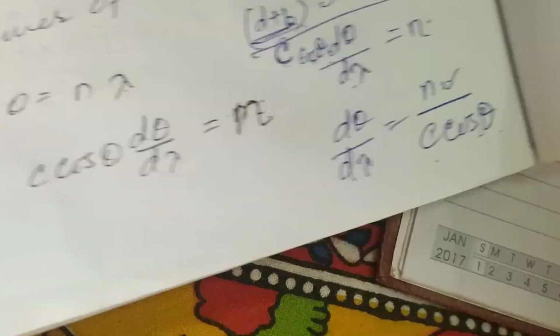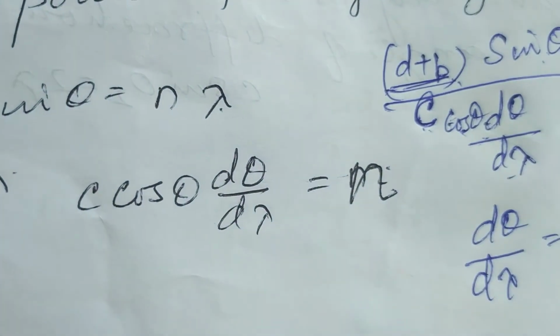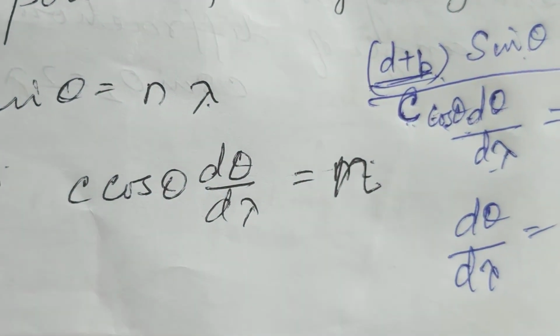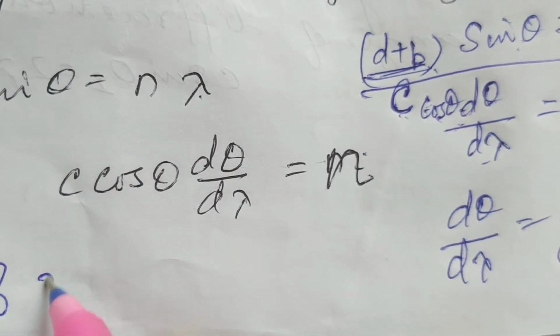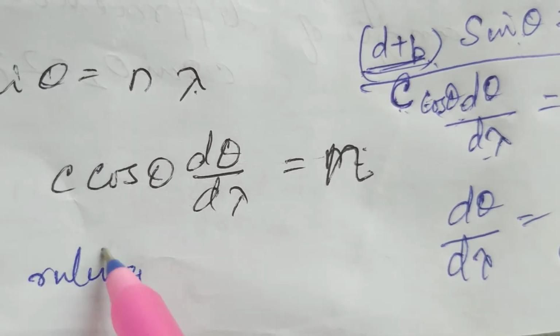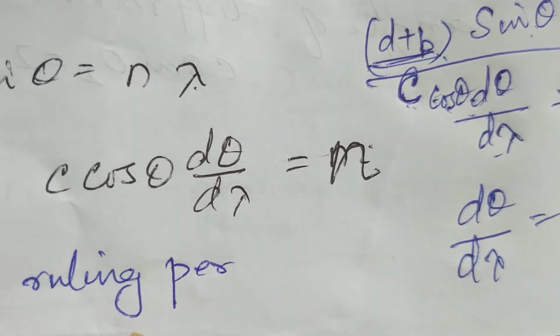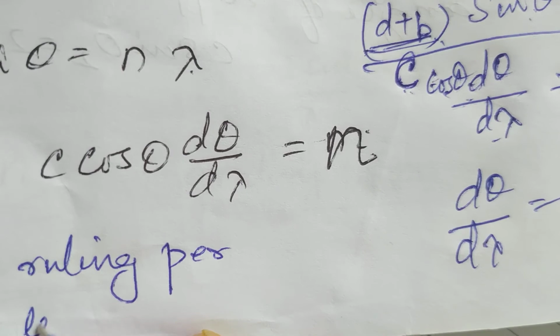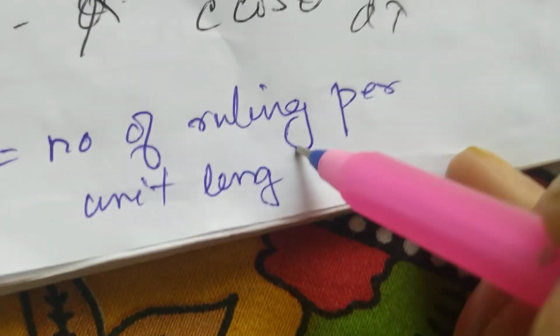And one more thing to know, that 1 upon c is called the number of rulings per unit length of the grating.